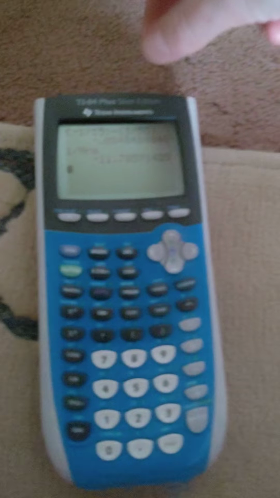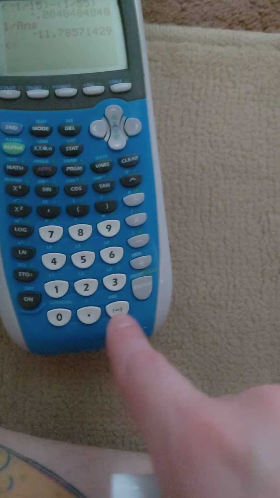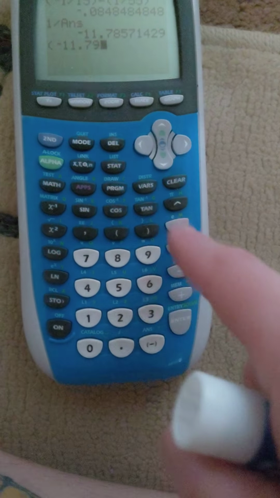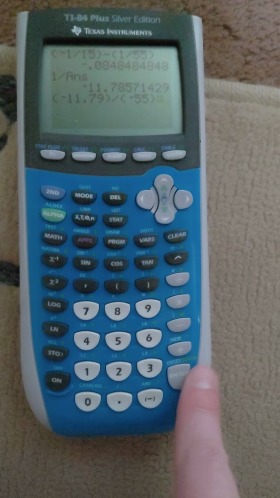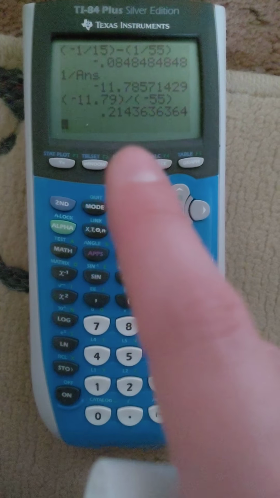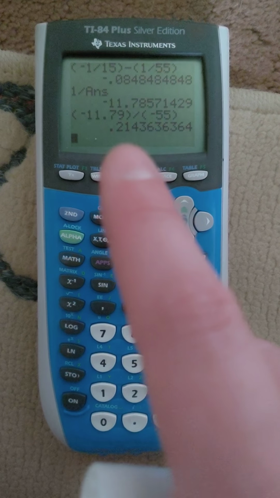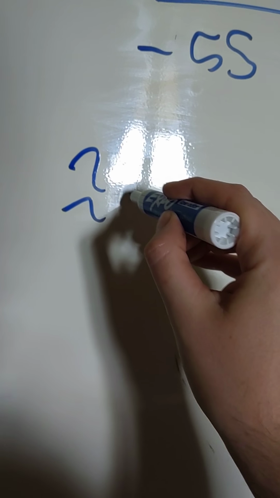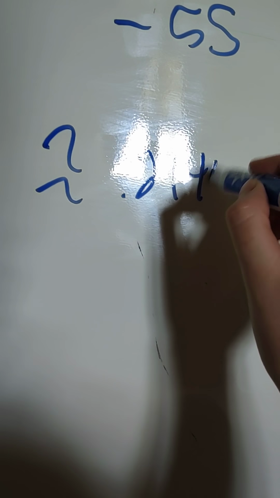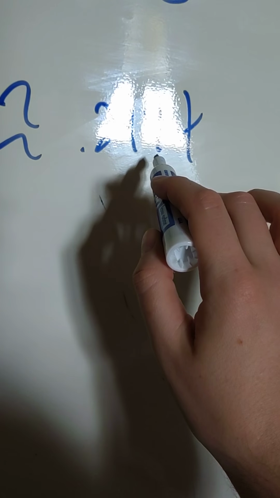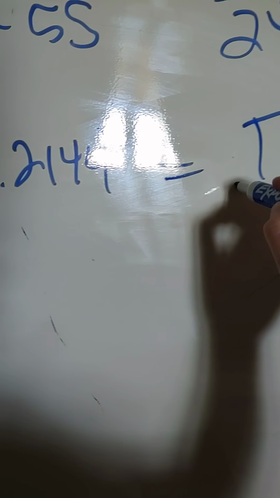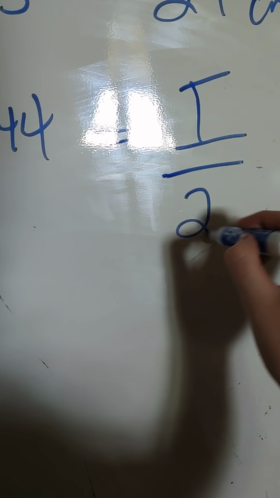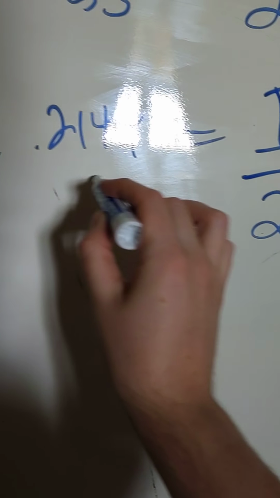Again, we'll be finding the image size here soon. So if we do negative 11.79 divided by negative 55, we get about 0.2144. So that's going to be magnification, which is equal to the image over the object, 24 centimeters.